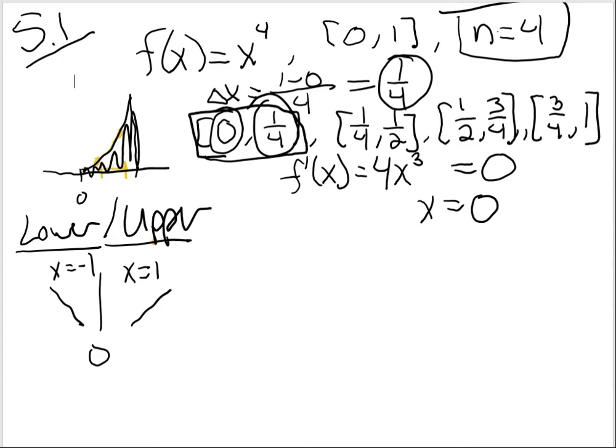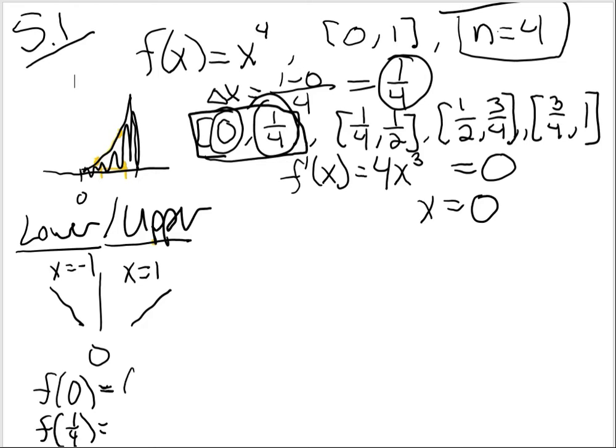So to find your absolute max and absolute min on, say, the first interval, 0 to 1/4, you need to say, well, what is f of the endpoints and what is f of the critical points? However, notice that the only critical point is 0. So in this case, we're not going to need to test that critical point.